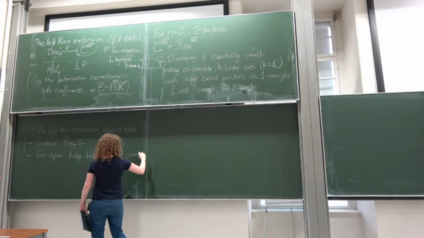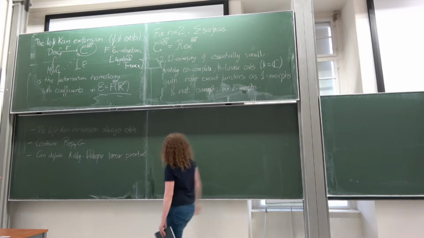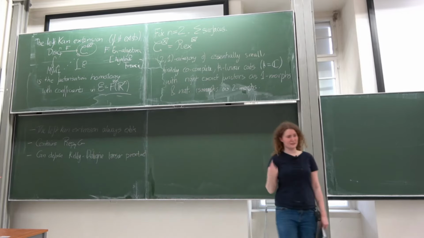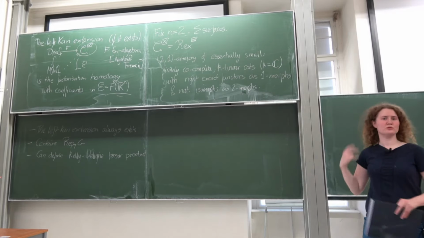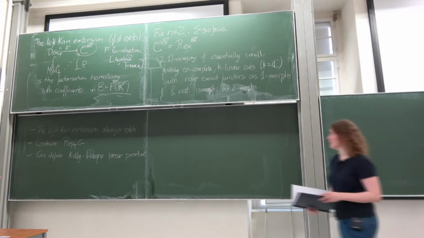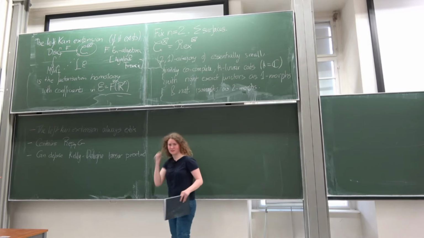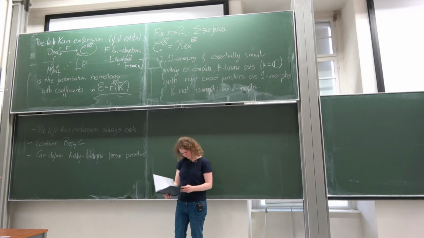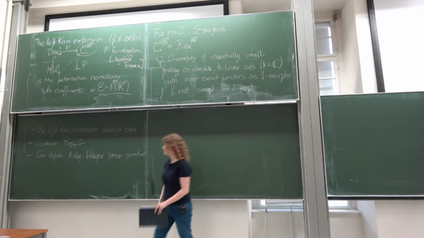In particular, if you take the tensor product of two Rex categories, you always get a Rex category, which is why you don't choose abelian categories, because if you do that, it is not true. And I'm not going to define the Kelly-Deligne tensor product here because it's not really relevant to this talk.